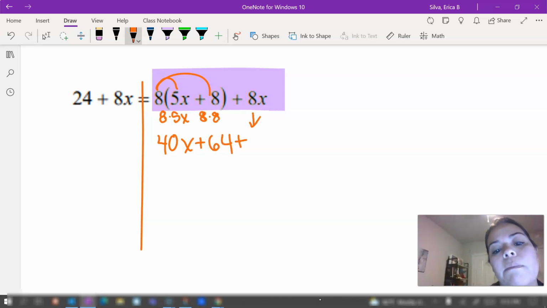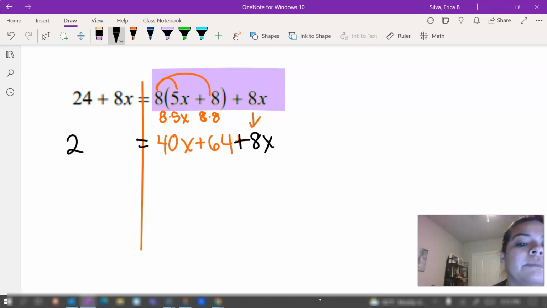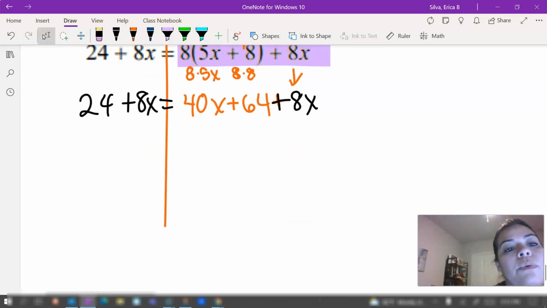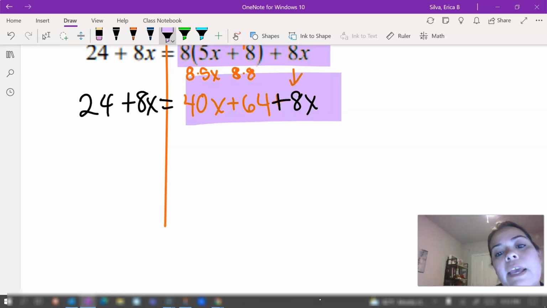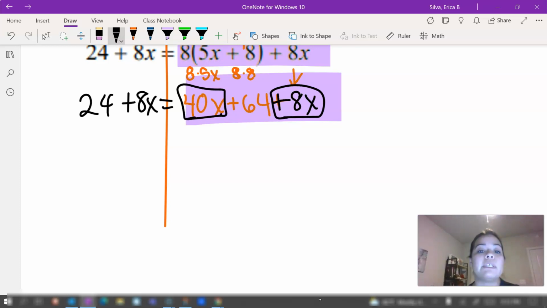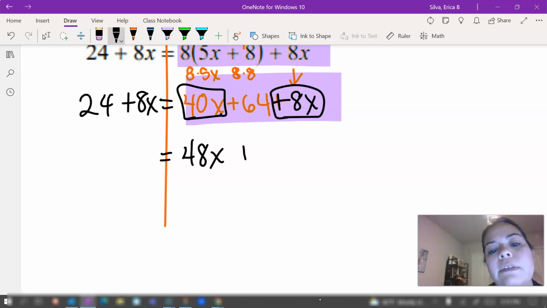And then we bring down that positive 8x. Now if you look at this side again, we have 40x and 8x that we can combine. And remember, we don't want to say 40x plus 8x, we want to combine them. Together we have 48x plus 64.